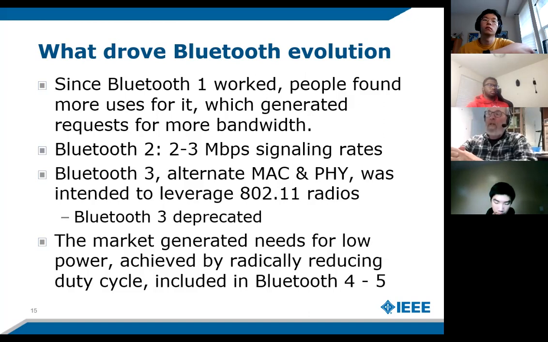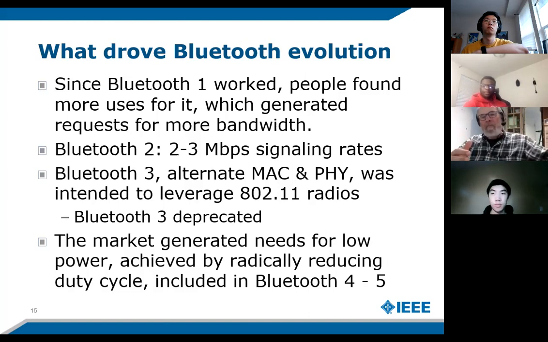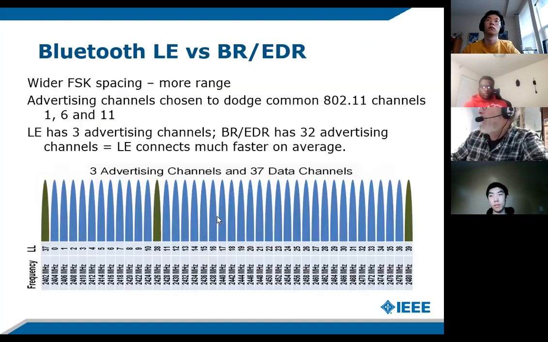If there's an incoming call for this number, the cell tower now knows where it is, so it will send messages saying, wake up, please, I've got a phone call for you. It might wake up and put up call-coming-in messages. Why don't you answer the phone? That sort of thing. But it spends as much of its time off as possible. This kind of work was being done after Bluetooth 1 was published, and so the market thought about it and came up with ways to do this. I'll get to that shortly.